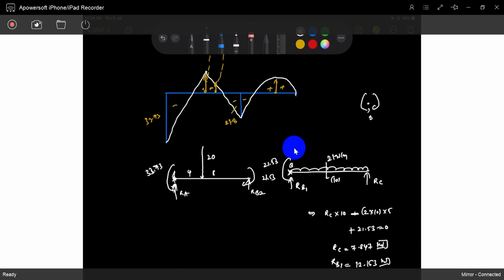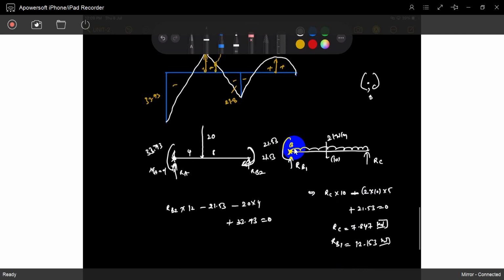Take the same thing for RB2: moment at any position is 0, moment, not a bending moment. RB2 multiplied by 12, then 21.53 in the opposite direction, and 20 into 4, plus 33.73 is equal to 0.